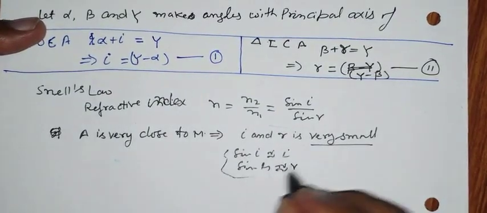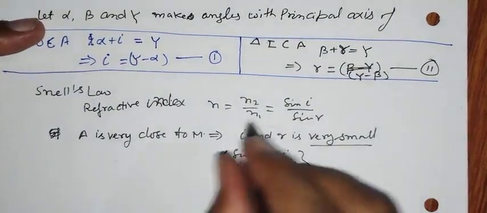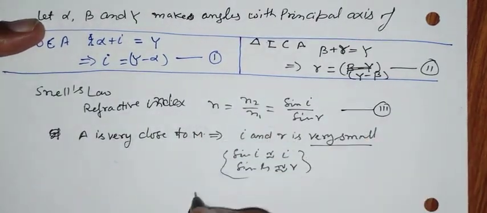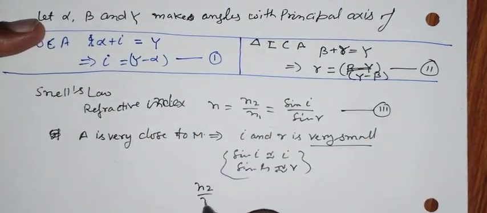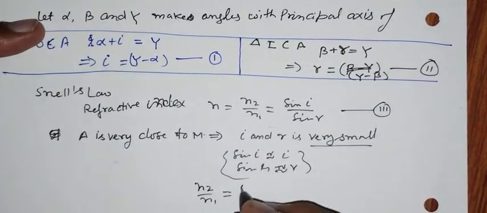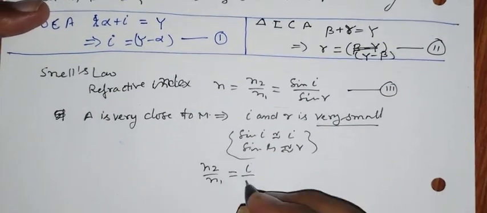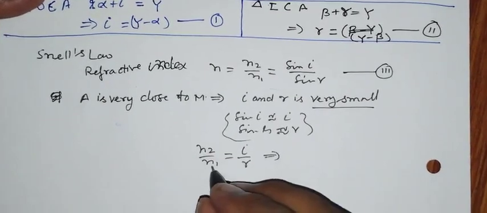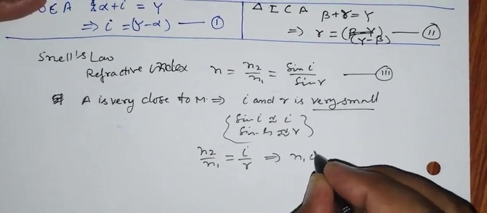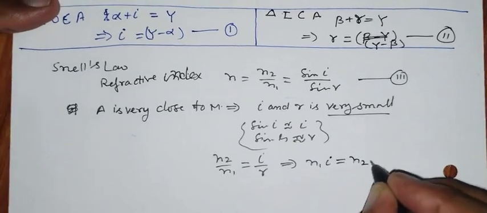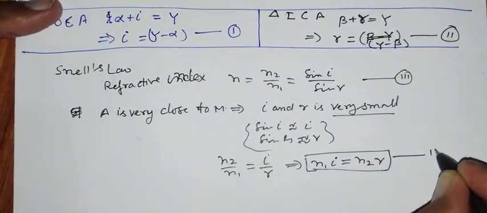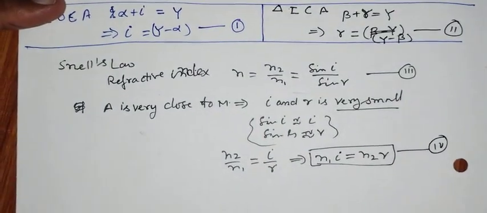Under these circumstances, equation number 3 can be written as n2 by n1 is equal to I by R, which implies that n1 I is equal to n2 R. This is equation number 4.